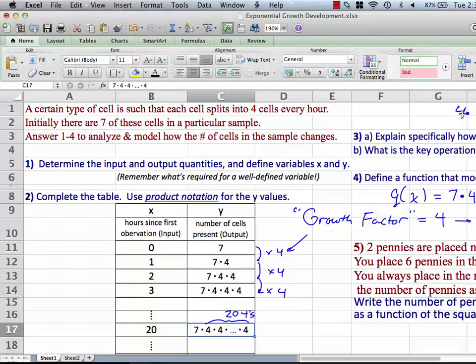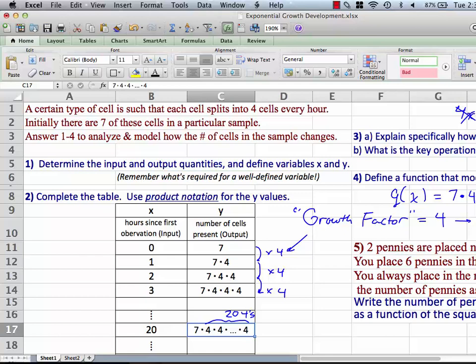Yeah, it's not multiplying 4 by the number of hours, right? What is it instead? Like 4 times 4 times 4, right, whatever. And how many 4s? x 4s, right? x 4s multiplied together.